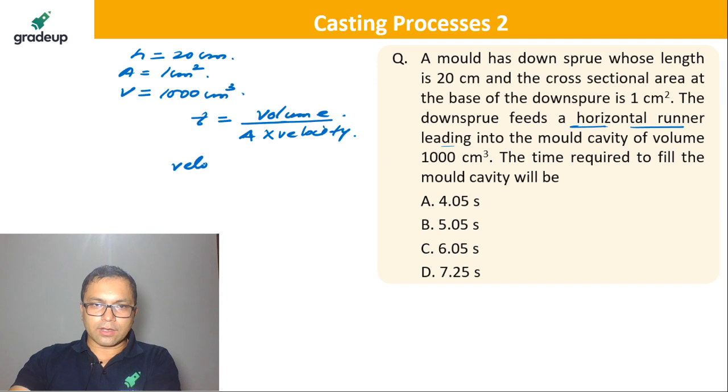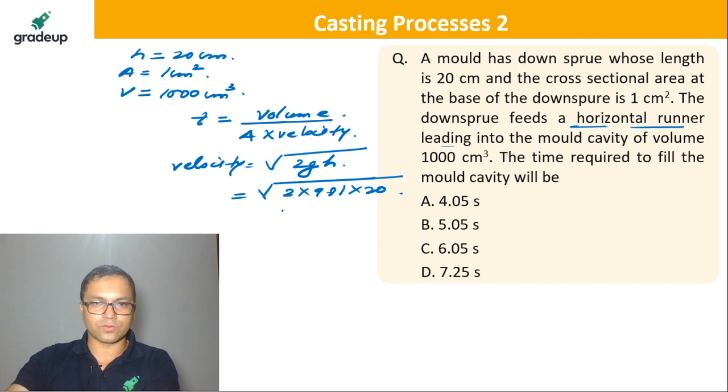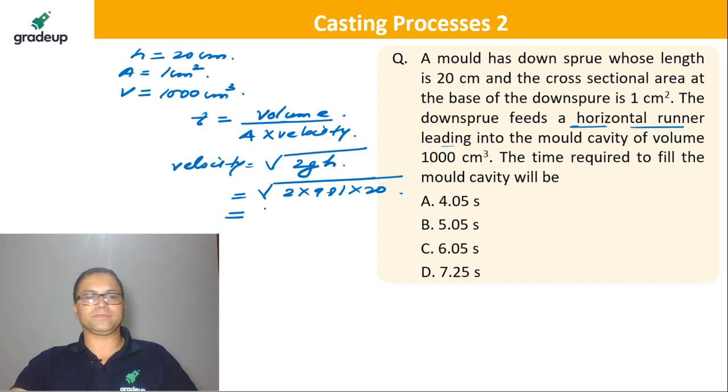Now velocity here is nothing but under root twice g of h, right? Is that good? So what we have here is, okay, now height is given in centimeters, so you can also take g in centimeters, okay? So height is in this into 20, so how much are you getting that?